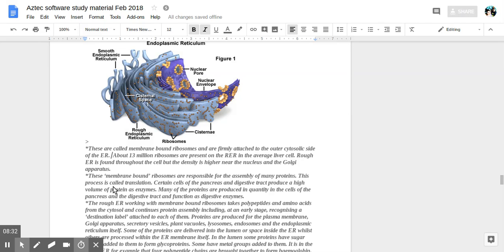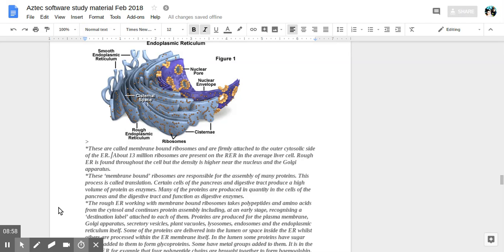So translation occurs on the ribosomes, which are on the ER, and proteins are made. Certain cells of the pancreas and digestive tract produce a high volume of proteins as enzymes. Many proteins are produced in quantity in cells of the pancreas and digestive tract, functioning as digestive enzymes.